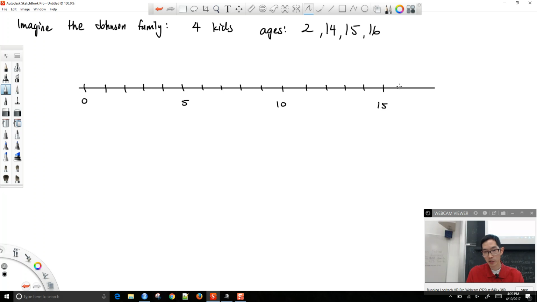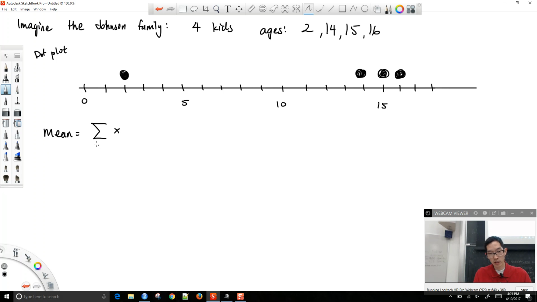And now I'm making a dot plot. So here's a dot plot, and for the dot plot, I just put dots where each child goes. So I got a 2, here's a 14, here's a 15, and here's a 16. To calculate the mean, I think you guys know how to do this, you add up your x's and you divide by n.